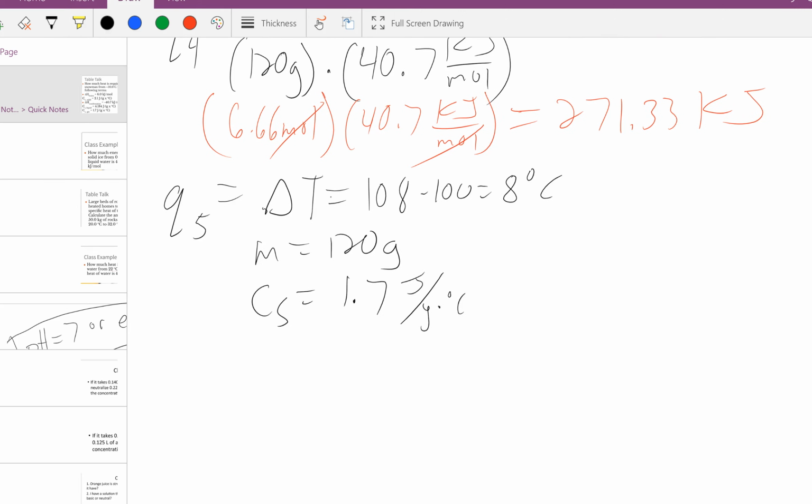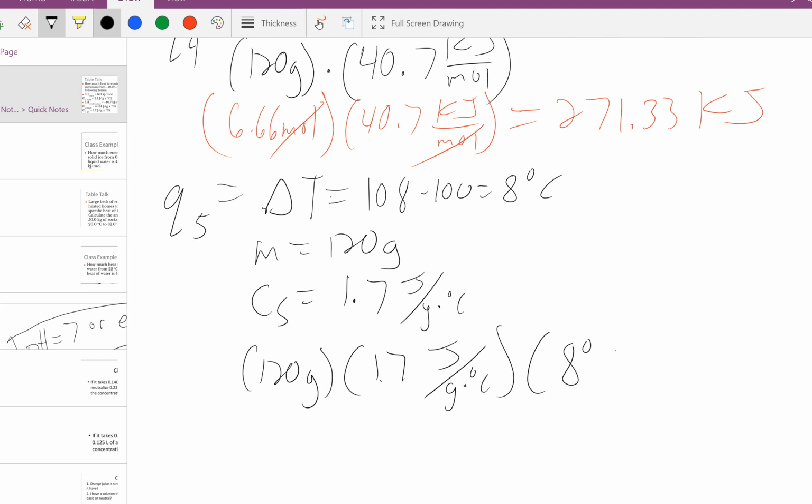So we get 120 grams times 1.7 joules per gram degree Celsius times 8 degrees Celsius. When you cross out the units, you end up with 120 times 8, which is 960, times 1.7, which is a total of 1,632 joules, or 1.632 kilojoules.